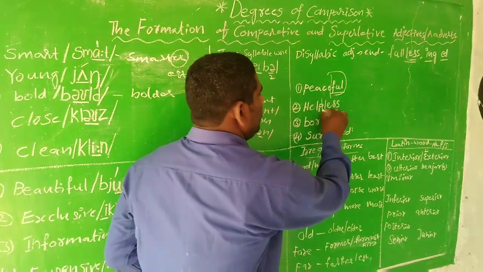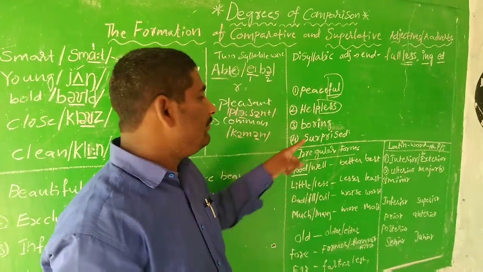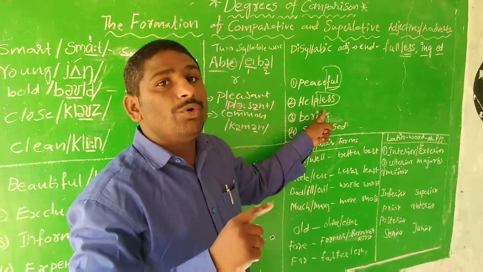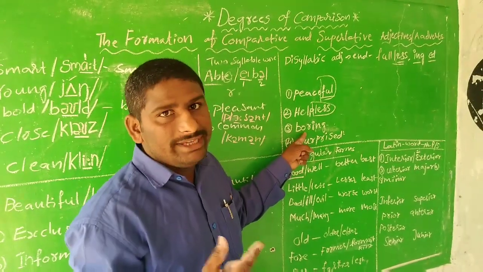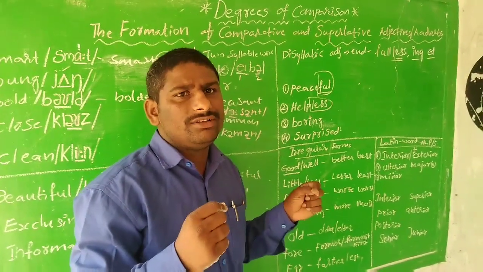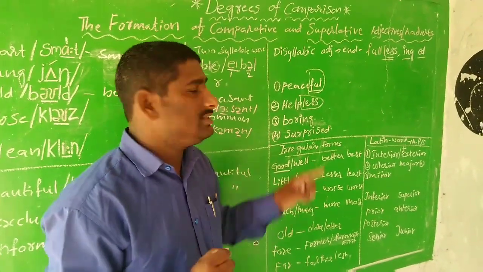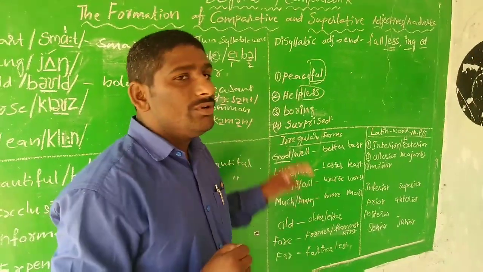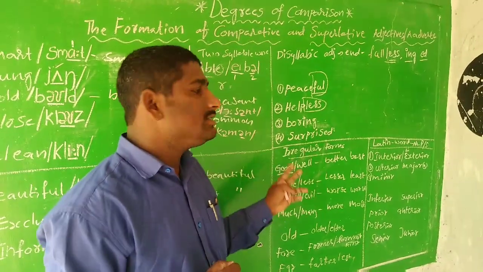And for example, if an adjective ends with less, then it will be helpless. So then more helpless, the most helpless, you can say. And boring, ing. Whenever an adjective ends with ing, that will also always take more and most. So the most boring, the more boring, you can say like that.